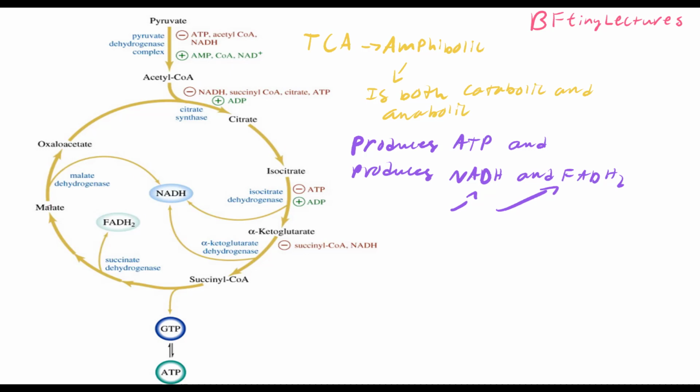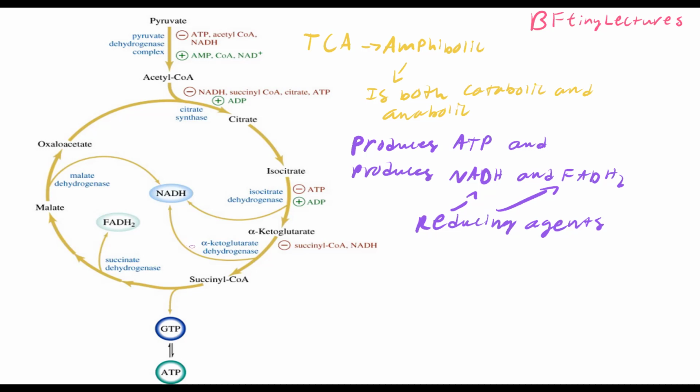Any process that needs malate or oxaloacetate can get it from the citric acid cycle. It produces these reducing agents, and it also produces molecules that can be used in different reactions. These guys right here are called reducing agents because they will be oxidized later on.